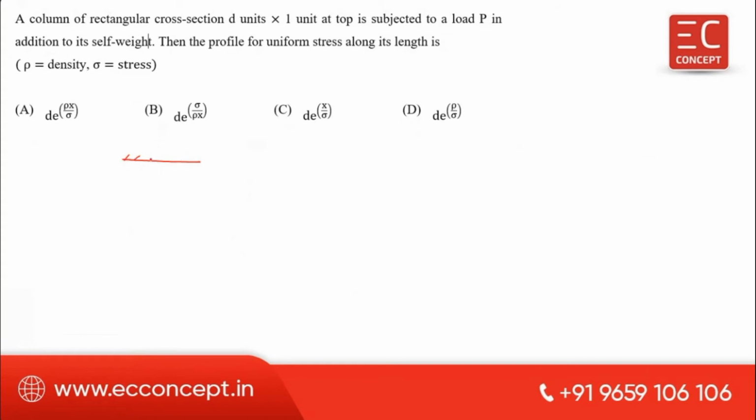If you want to design a bar of uniform strength, then we have to design the bar in such a way that this is, not a parabolic, I think this is the exponential curve.